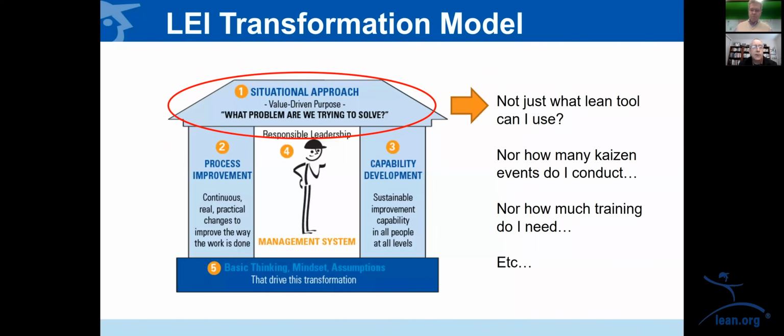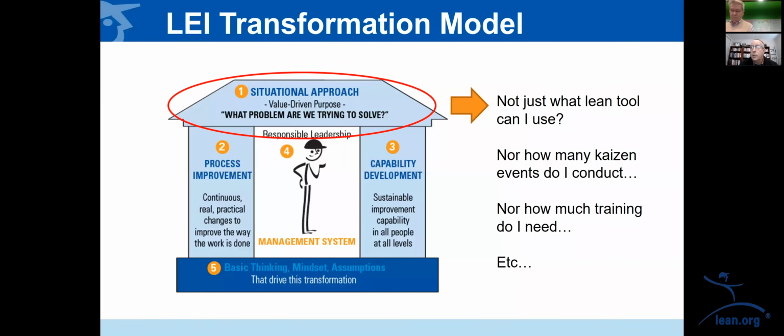Let's start with the first question we had, even before the webinar came online. He said, how does this link to the LEI Transformation Model? And it addresses it right at point 1. There's the roof of the house, the folks at LEI and John Shook came up with some time ago, and it says right at the top, you've got to be flexible here, have a situational approach, value-driven purpose, and always ask, what problem are you trying to solve?